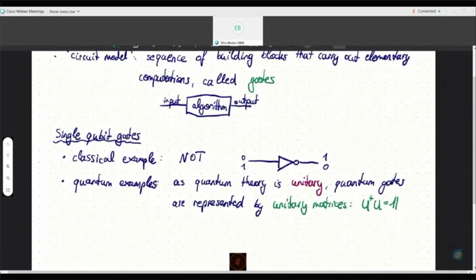If this holds for a matrix, then we call this matrix unitary. We will not go into that too much because all the gates that I will show you are unitary. Of course, we will not prove that, but now you know what the definition is.